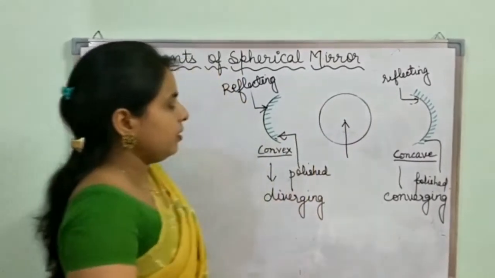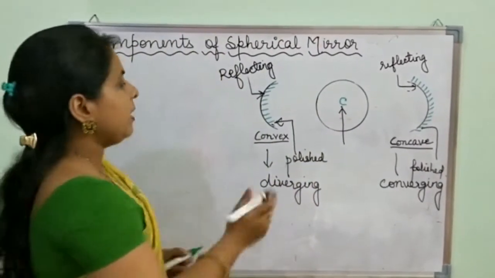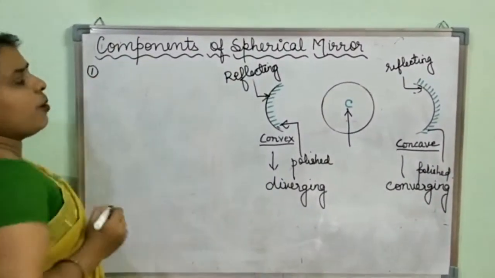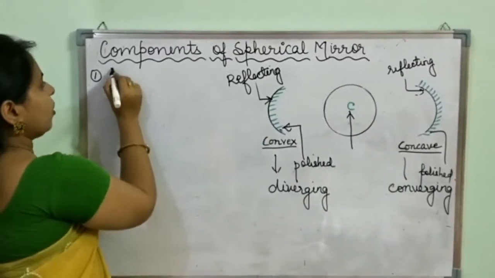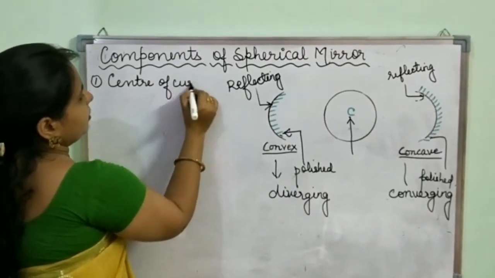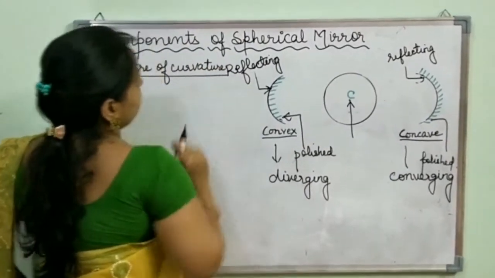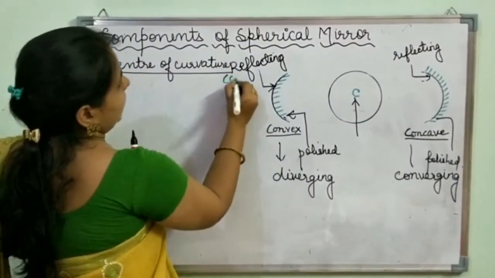This is the center, represented by capital C, and this capital C is the first component of a spherical mirror. That is also called the center of curvature, which is represented by capital C.